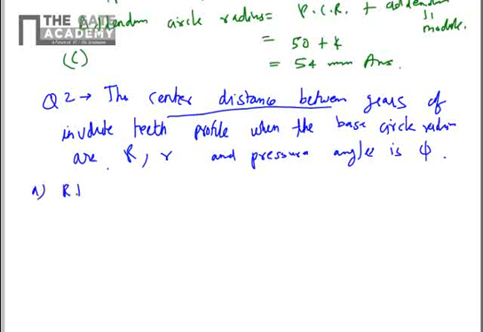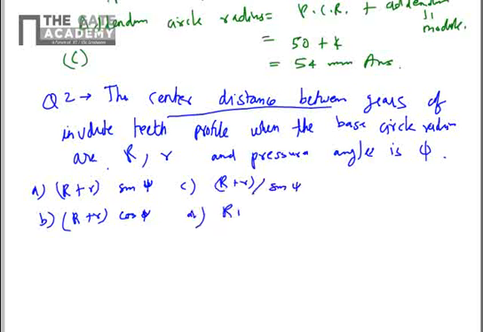Four options are given. A is R plus r sin psi. B is R plus r cos psi. C is R plus r sin psi, and D is R plus r divided by cos psi.